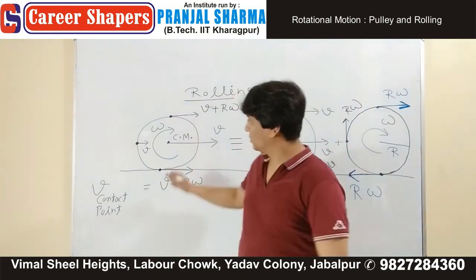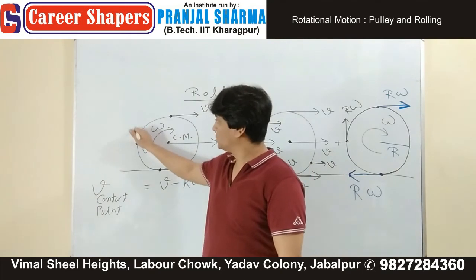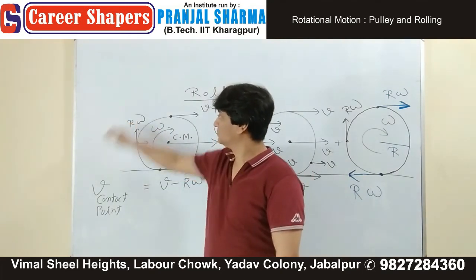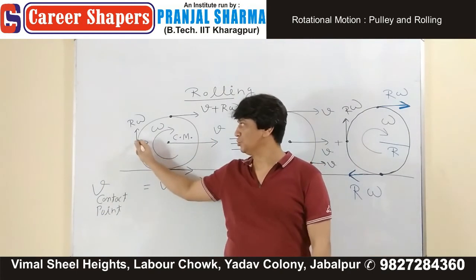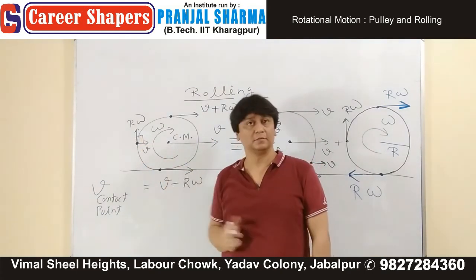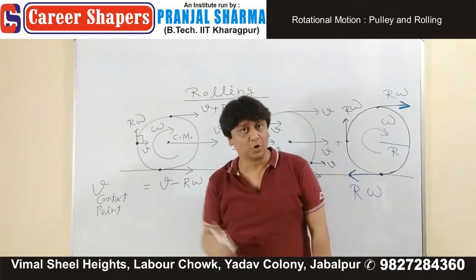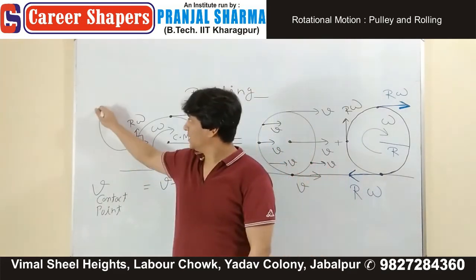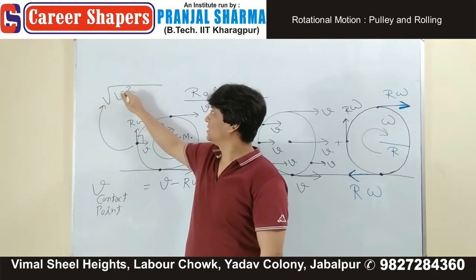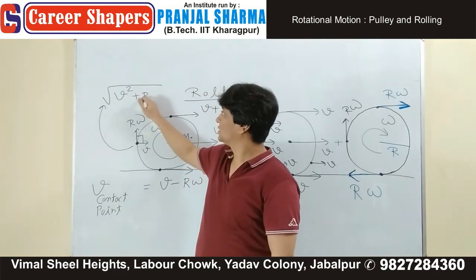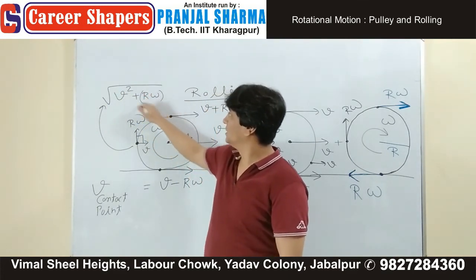And therefore this r omega is also present. Now you've got two vectors which are mutually perpendicular. So what is the total velocity? Root over V square plus r omega square.